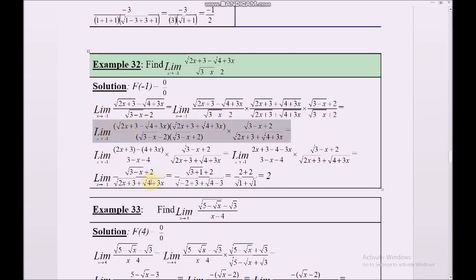Okay, that's cool. Multiplying above, we should get 2x plus 3 without a root. We should get negative sign. We should get 4 plus 3x without a root. Down, it's 3 minus x and minus 4. 3 minus x, 3 minus x, roots, multiplying, it's 3 minus x. 2 by 2 is 4. Now we have a quantity, we have to remove parentheses to get 2x plus 3 minus 4 minus 3x.